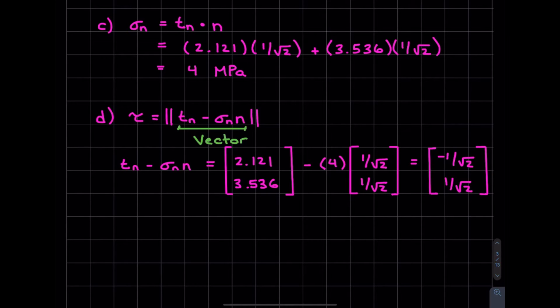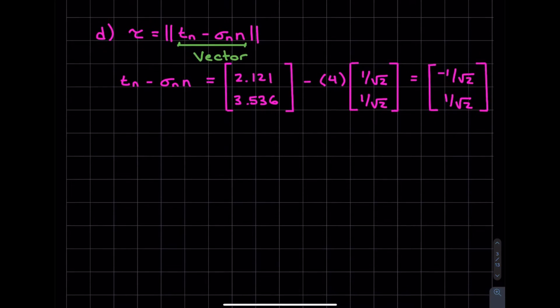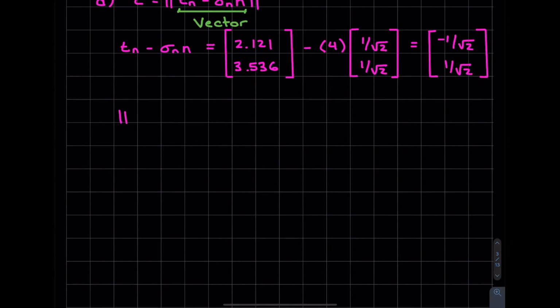But now to find tau, what I'm going to do is find the norm of that vector. The norm of Tn minus sigma n times n is equal to all the components inside that vector squared, added together, and then square rooted.